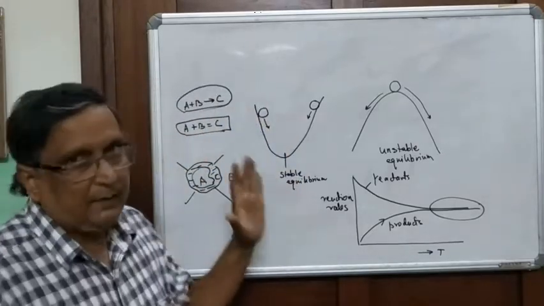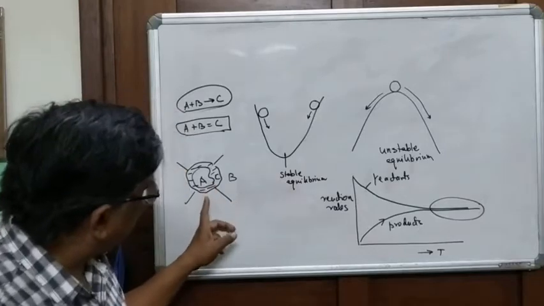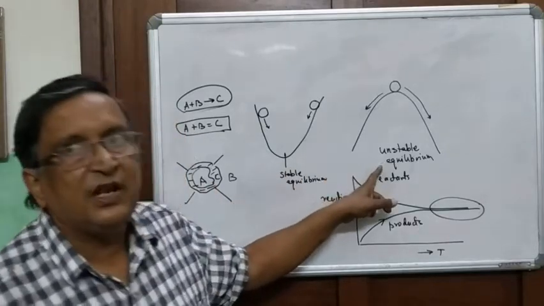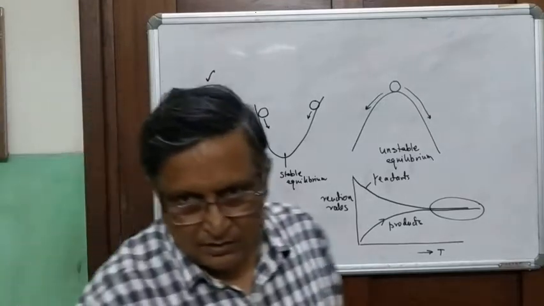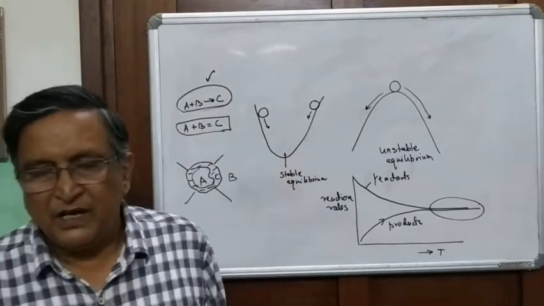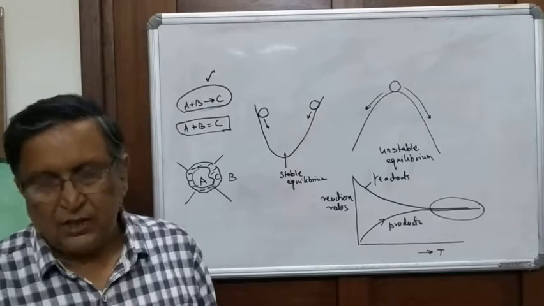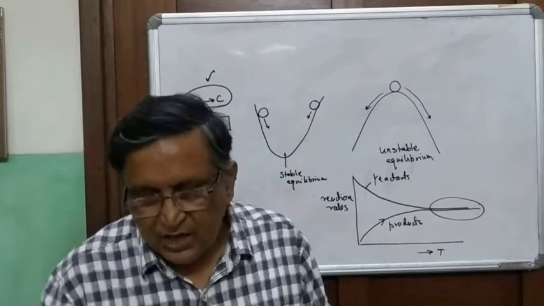We assume stable equilibrium, but this is actually unstable equilibrium because the actual reaction is A plus B produces C. But chemical thermodynamics deals with stable equilibrium.